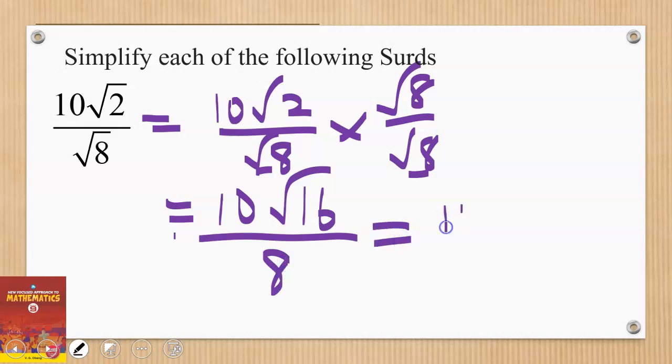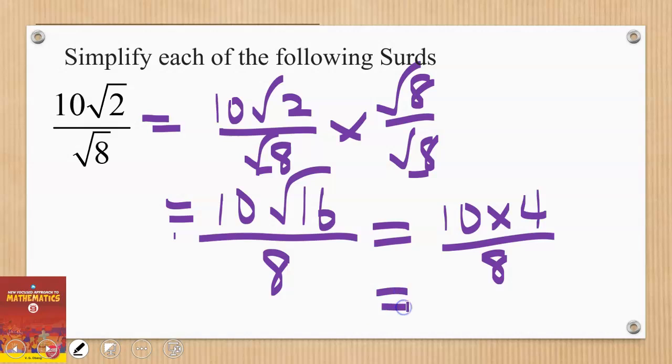Now I can simplify this as 10 times 4 divided by 8. And of course, I can still simplify this further: 4 times 10 will give us 40, and 40 divided by 8 will just give us 5. And so the simplification of this is 5.